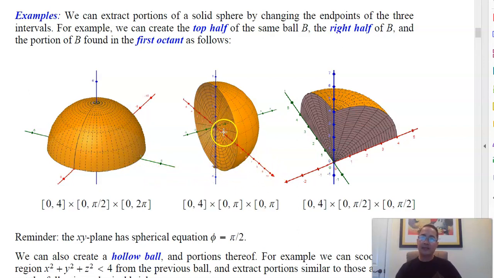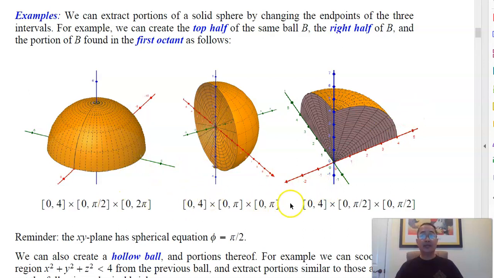This is the positive x-axis, so this is the right half of the ball, and you can take the portion which is in the first octant. We'll see a lot of problems where we say the portion of the solid which is found in the first octant, so that all the coordinates are positive.